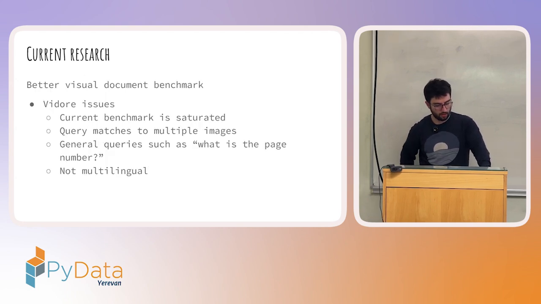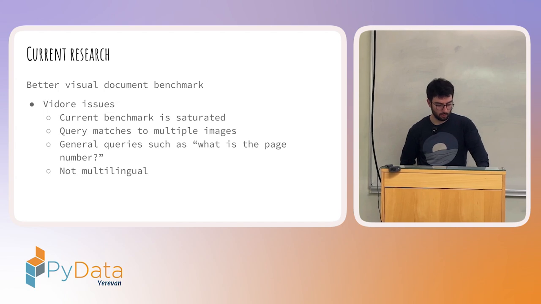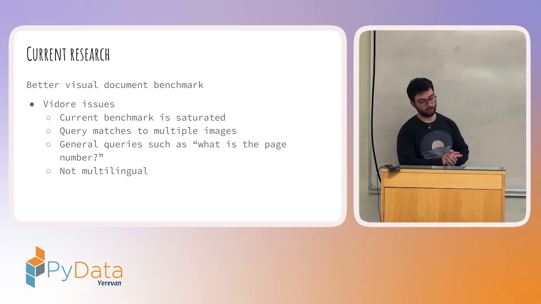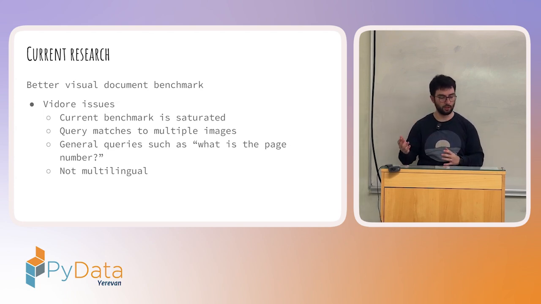And as I already said, we want a better visual document benchmark, because the current ViDoRe has some issues. As I said, the scores are saturated for models, and we saw that some queries match multiple images, but only one is the ground truth.